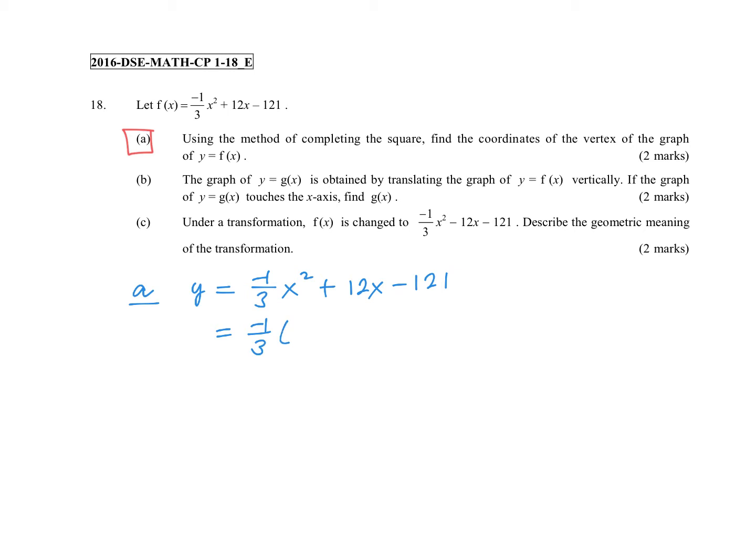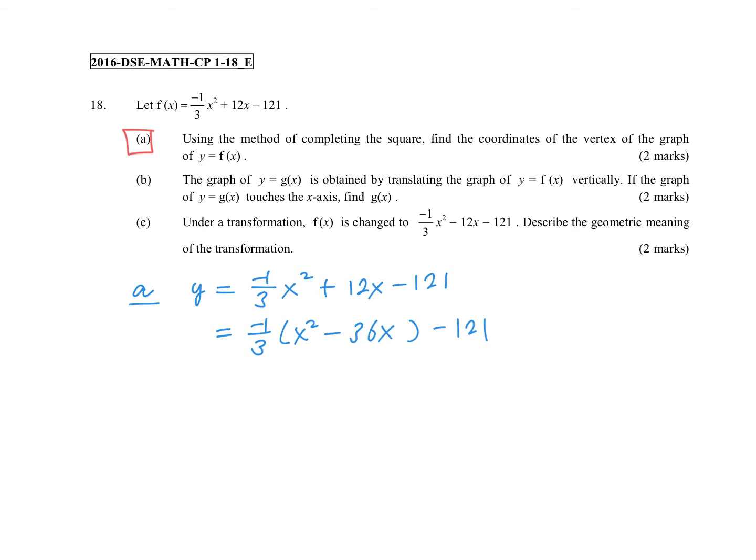We force ourselves to pull out the leading coefficient, negative 1/3, from the first two terms. Again, the constant term negative 121 does not matter here. So we have to think of a number such that multiplied with negative 1/3 would become 12x, and then the answer is negative 36x.